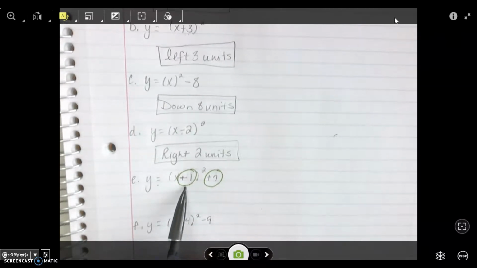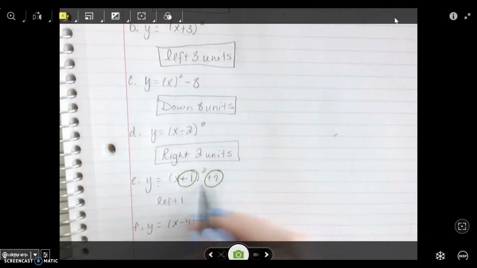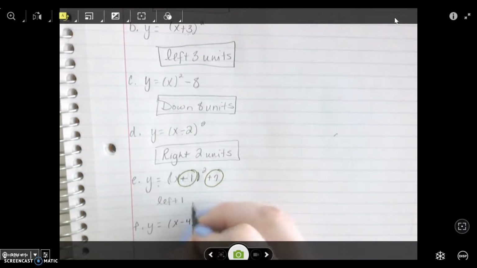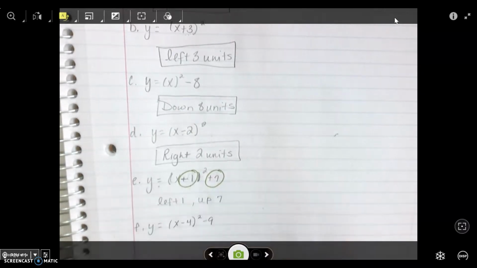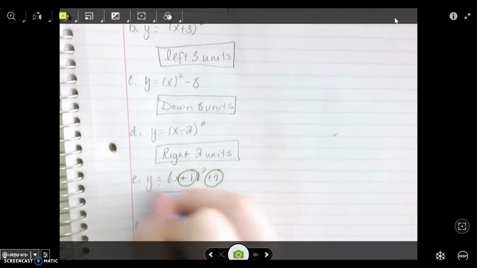So if it's a +1, that's going to move it left 1. +8 at the end, so it's outside these parentheses here. That means it's going to go up 7. So you have two parts to this answer, left 1 and then up 7.